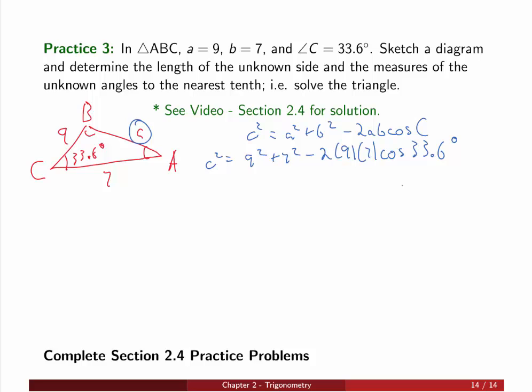This is something we should be able to plug in all in one go and take the square root. Gives you 10.7, which is roughly equal to 11. Okay, so c is roughly equal to 11.